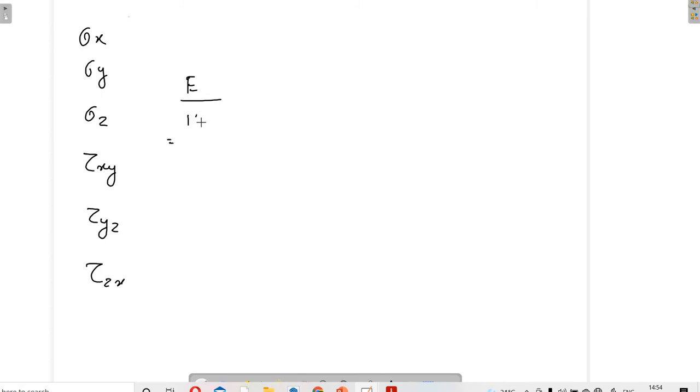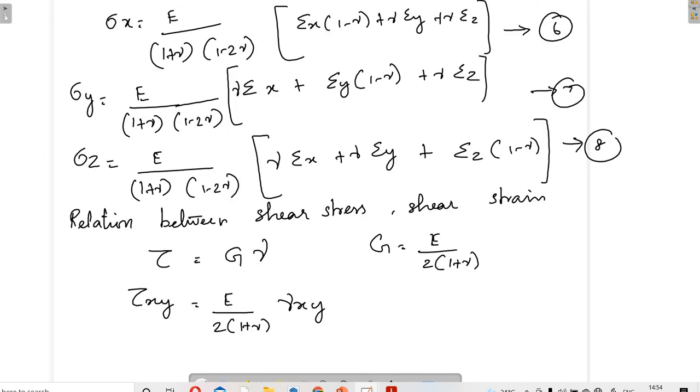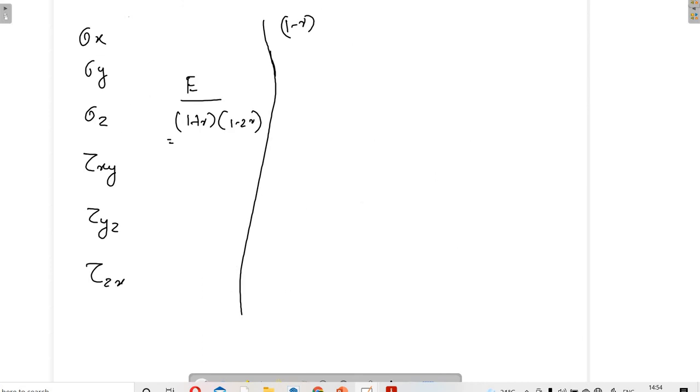E divided by (1 plus nu)(1 minus 2 nu) is common. So it is 1 minus nu. If you see the sigma x equation, 1 minus nu is the coefficient for epsilon x, nu is the coefficient for epsilon y, and nu is the coefficient for epsilon z. So nu and nu. For the stress value, there is no shear strain component, so it is 0, 0, 0.